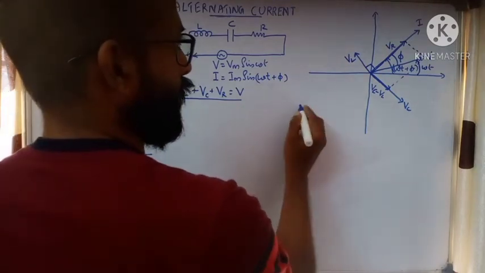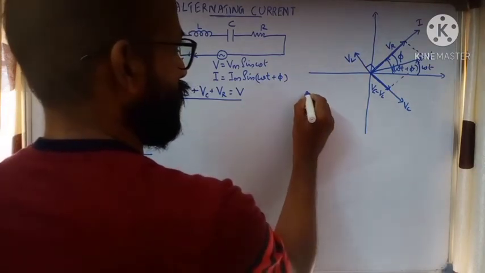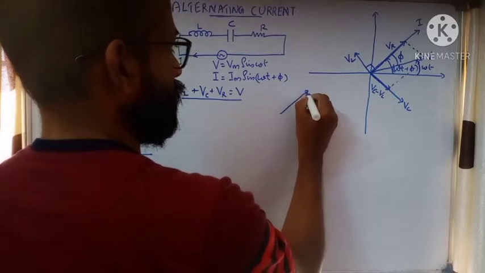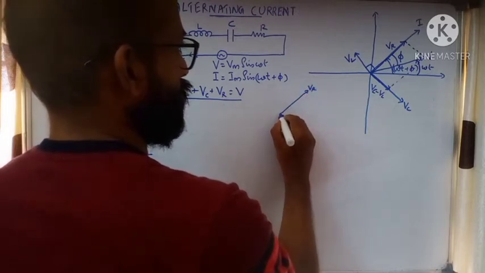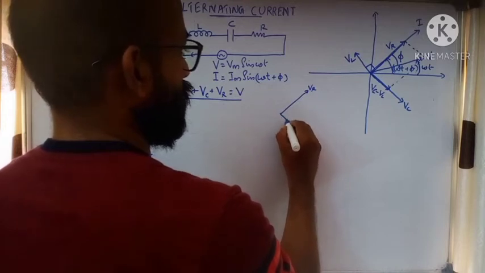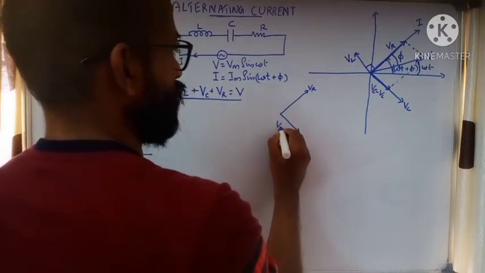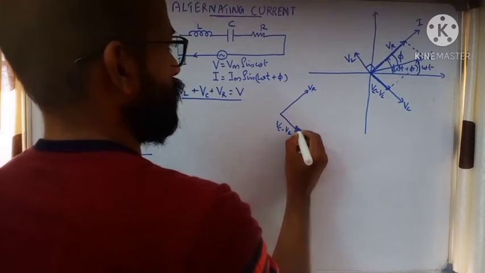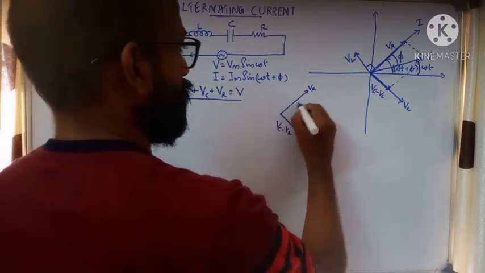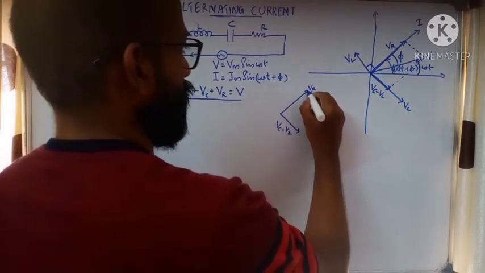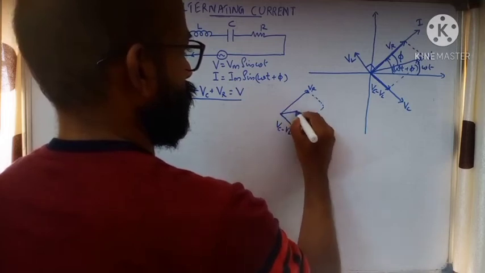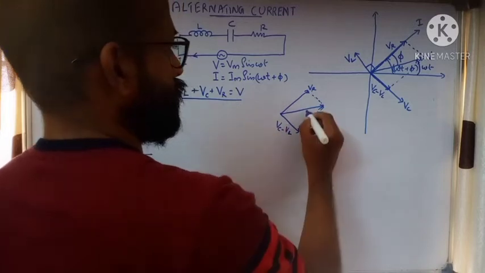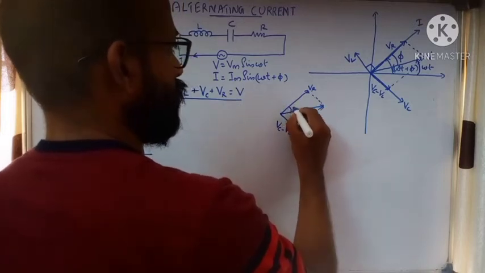Now we have got a triangle like this. I'll just draw the triangle once again. This is VR, and this is Vc minus Vl. Then by parallelogram law, this is V, and this angle is phi.